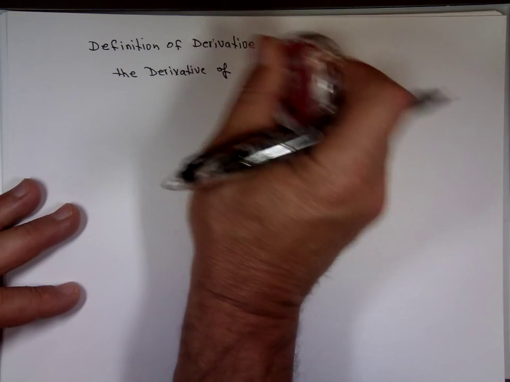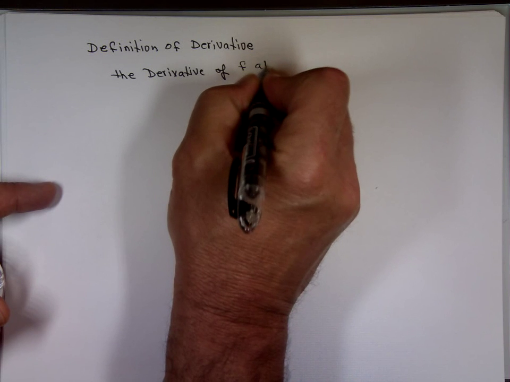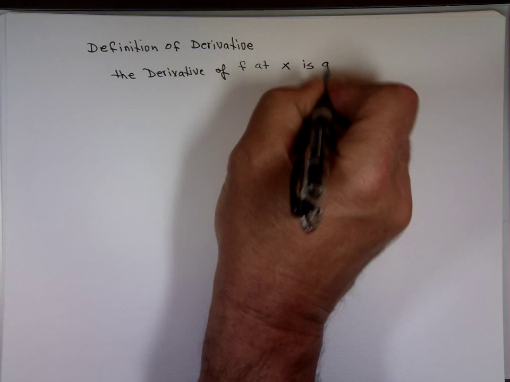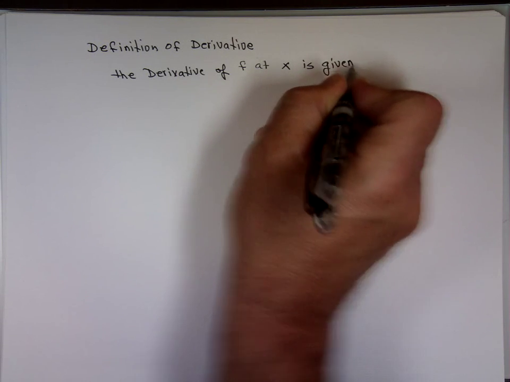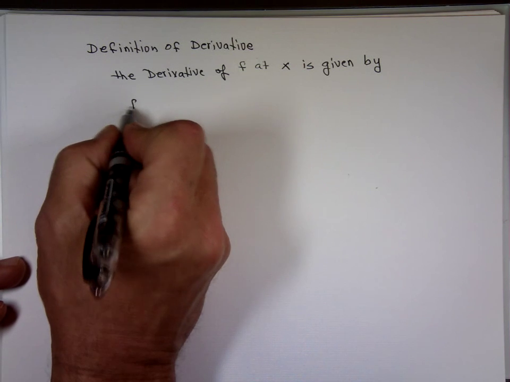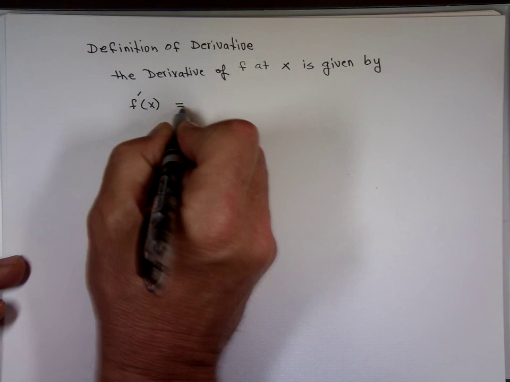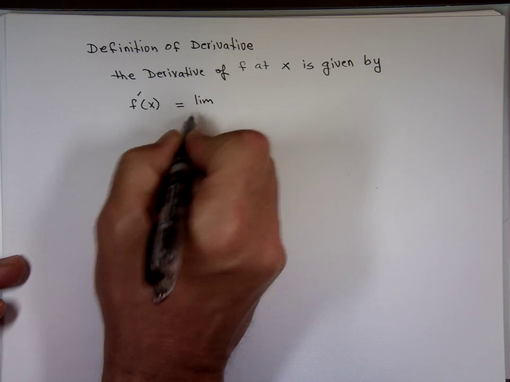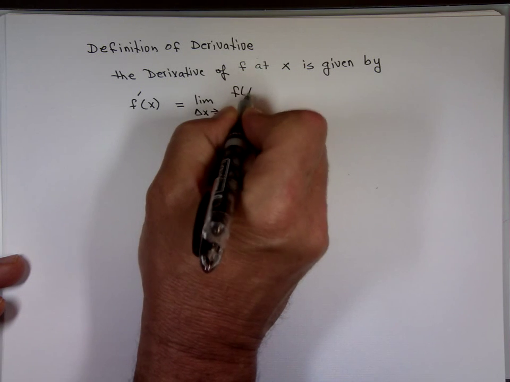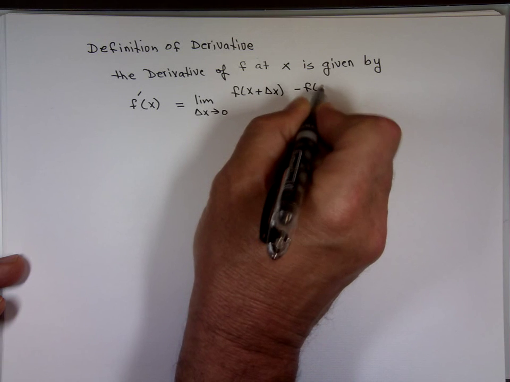The derivative of f, or f of x, at x is given by the following equation. We use this notation, f prime of x, that's the derivative, which is the limit as delta x approaches 0 of f of x plus delta x minus f of x, divided by delta x.